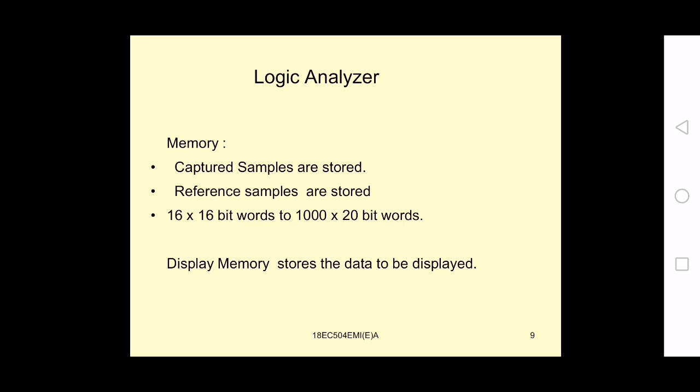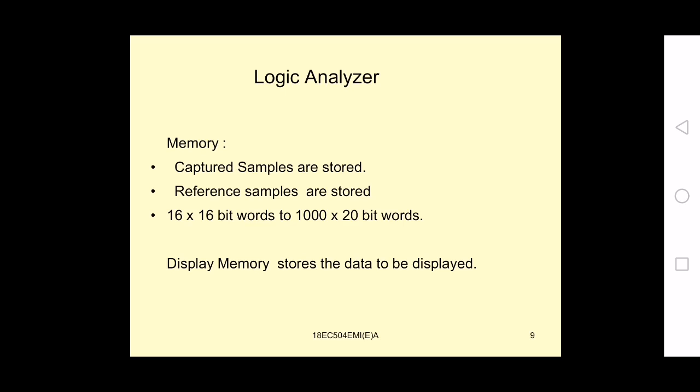They are stored in terms of different widths of bit words. Normally it will be 16 by 16 bit words up to 2000 into 20 bit words, and the display memory stores the data to be displayed.